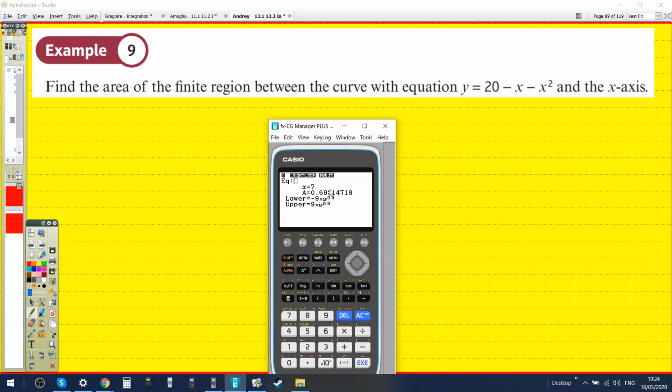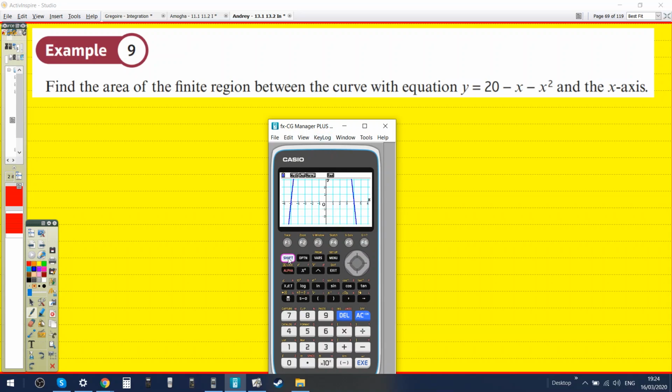Okay. So would I need to? But I literally put that into my graphical calculator. Well, I don't know if it has that function.